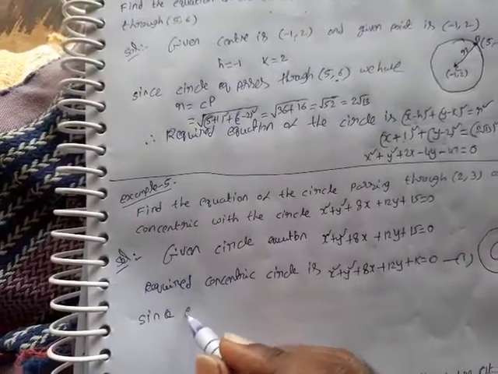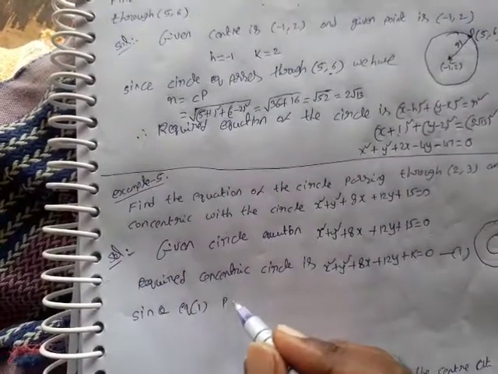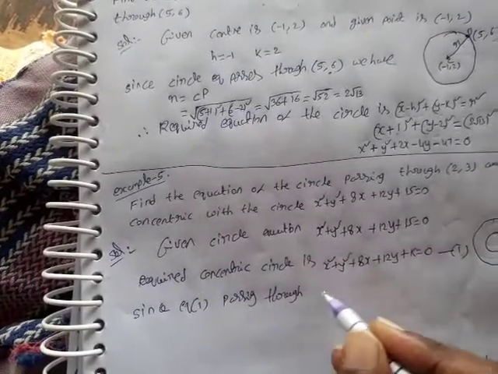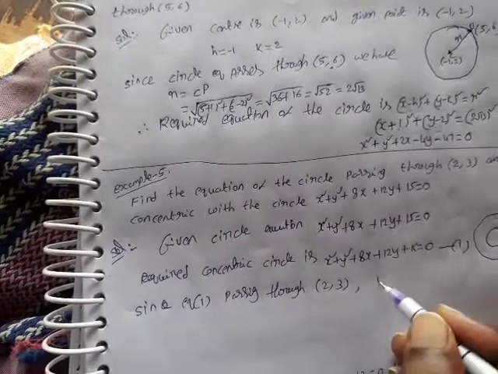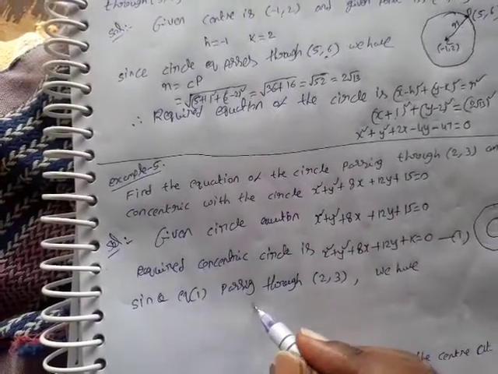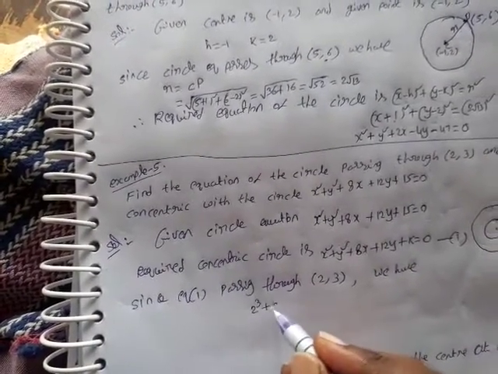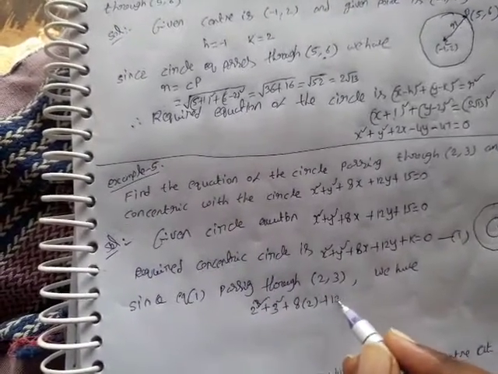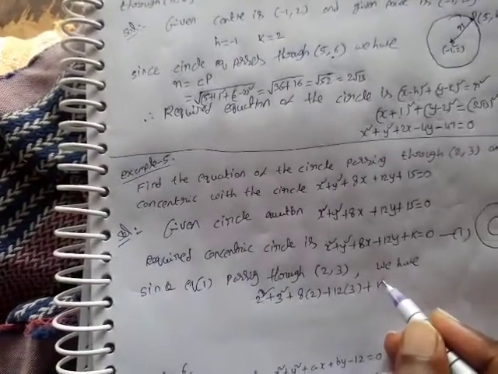Since equation 1 passes through 2 comma 3, we substitute 2 comma 3 in this equation, that is x value 2, y value 3. 2 square plus 3 square plus 8 into 2 plus 12 into 3 plus k equal to 0.